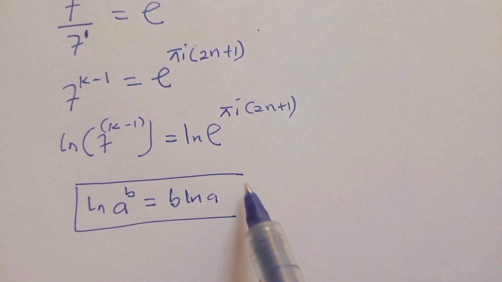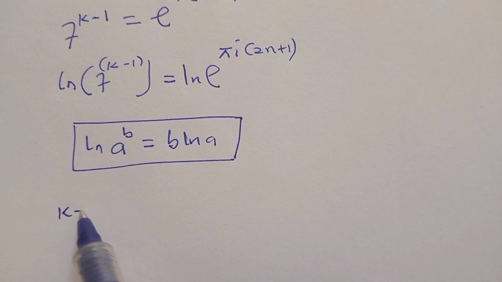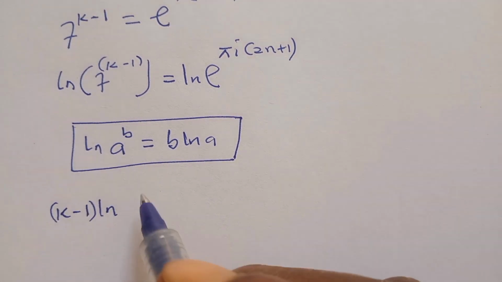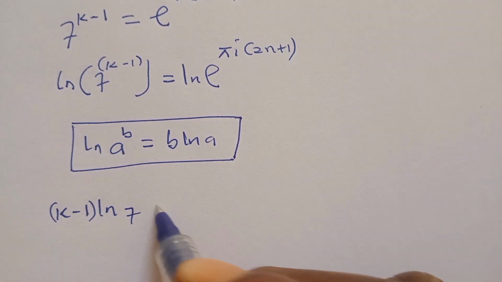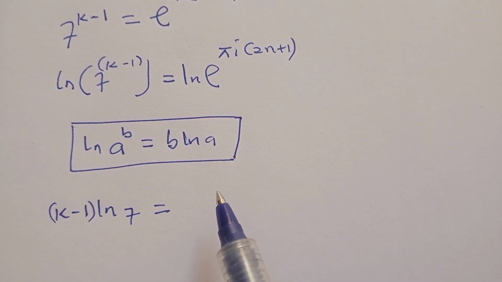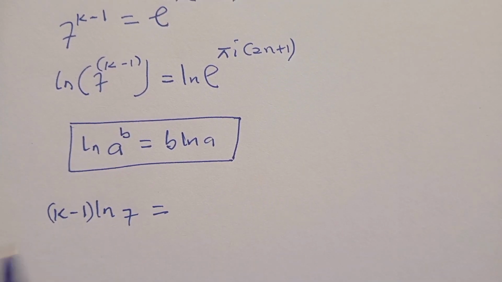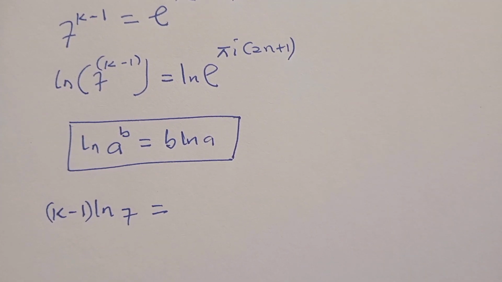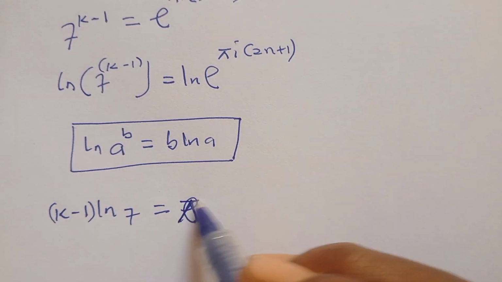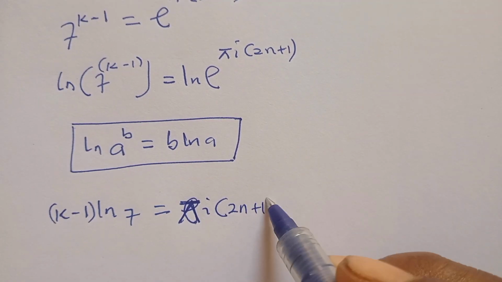Applying this, we have k minus 1 into bracket ln of 7. And don't forget, ln of e gives us 1, so we are left with pi i into bracket 2n plus 1.